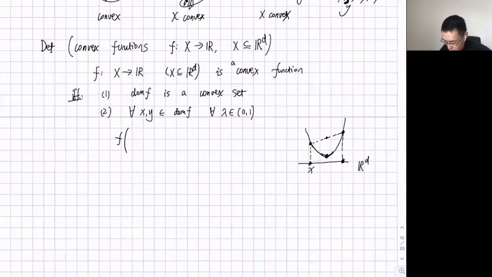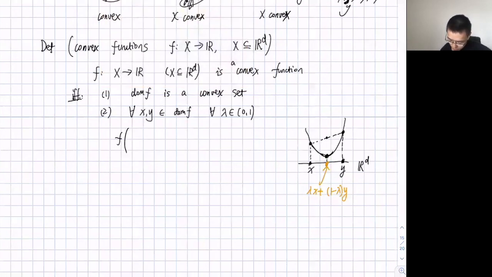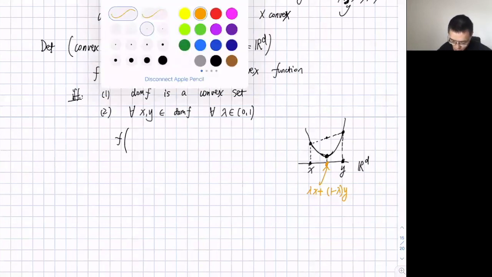So this is my x and y, they are the input. The average of the input is this point, which is lambda x plus 1 minus lambda y.